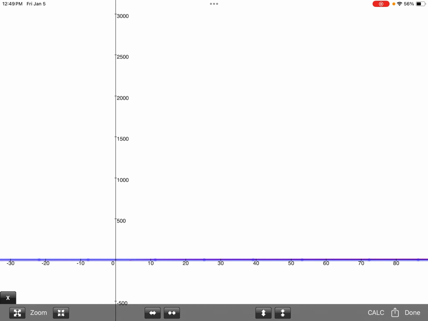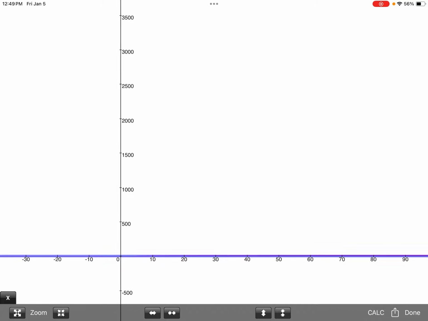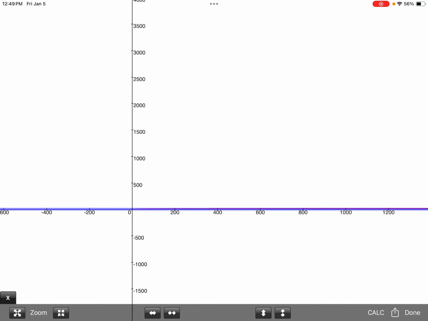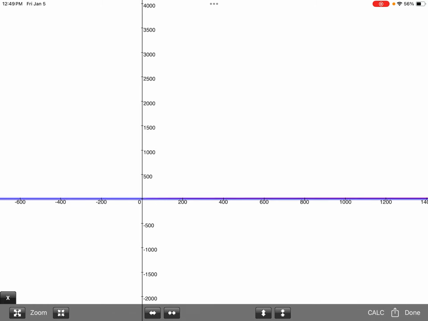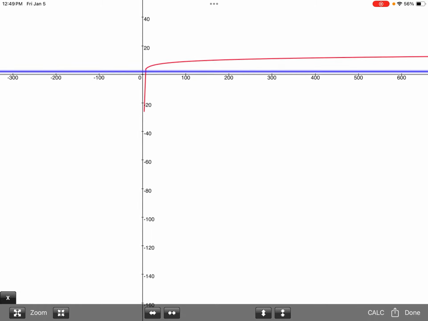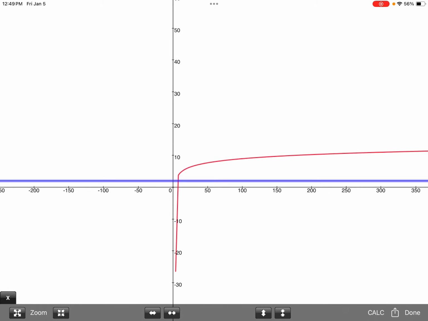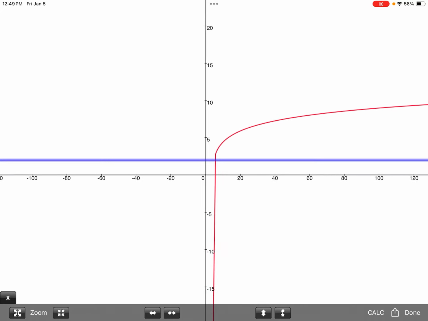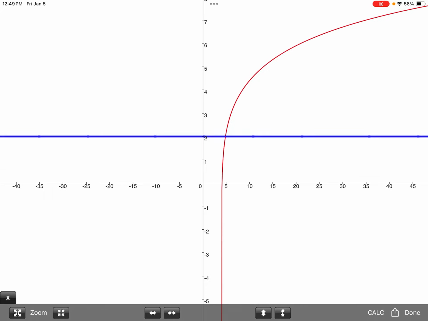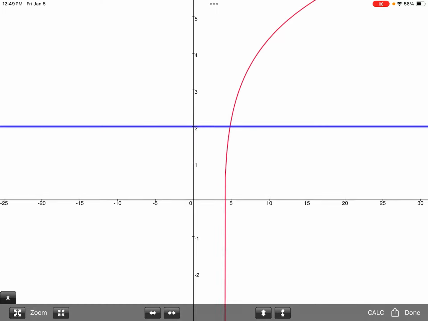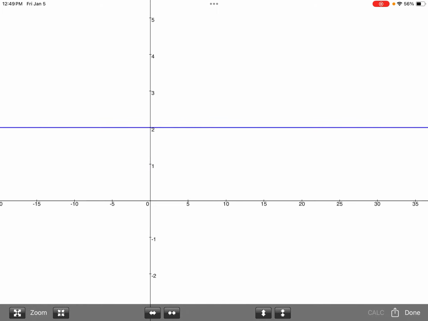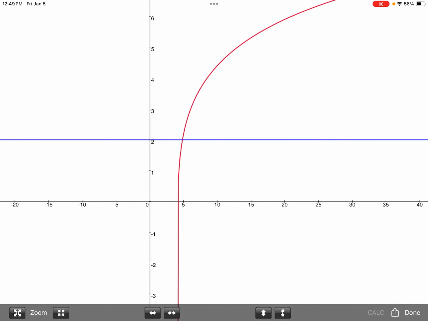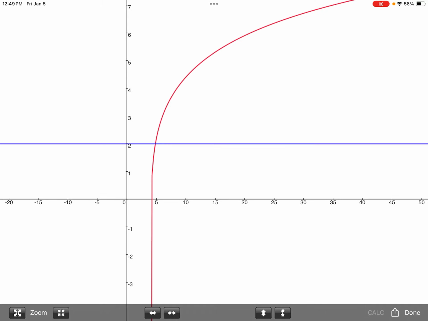So take a look at the graph and see, I need to zoom way in. There we go. All right, finally getting zoomed in enough. There is where they intersect, and for some reason the pixels are not cooperating.